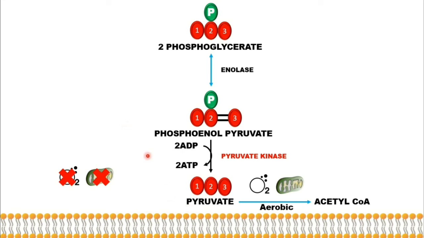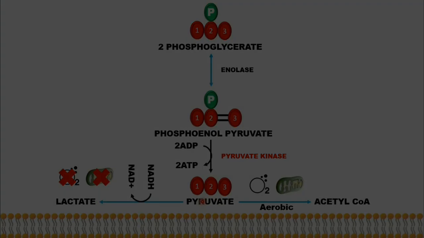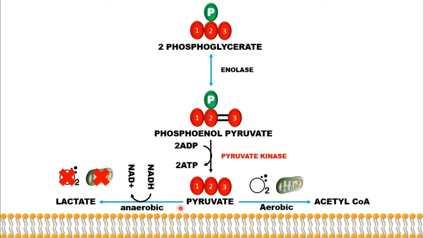In the absence of oxygen and mitochondria, the produced NADH will be reoxidized to NAD, and the pyruvate will be reduced to lactate or lactic acid. What is the name of the enzyme which converts pyruvate to lactate? This enzyme is called lactate dehydrogenase. Remember that in the absence of oxygen or mitochondria, pyruvate will be converted to lactic acid or lactate.